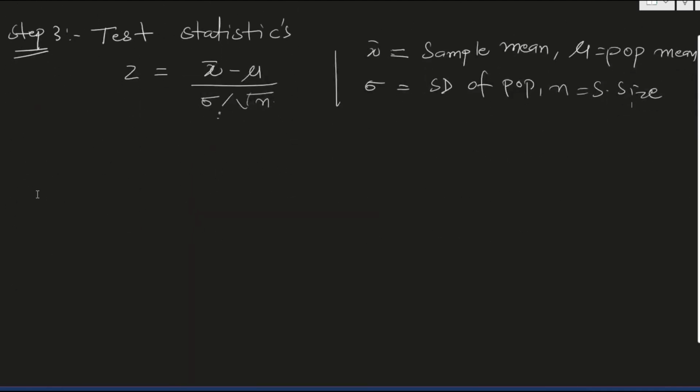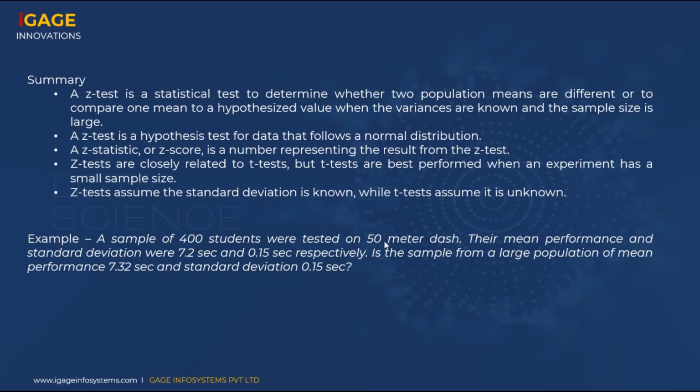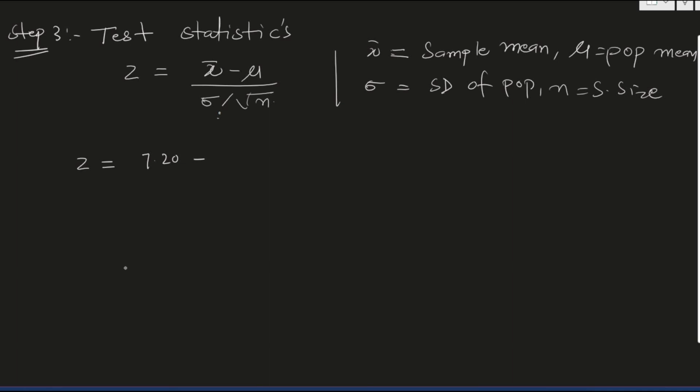So if that is the case, the z score will be: sample mean we have 7.20, and then we have 7.32, and then the standard deviation we have 0.15, divided by the square root of the sample size 400, right?